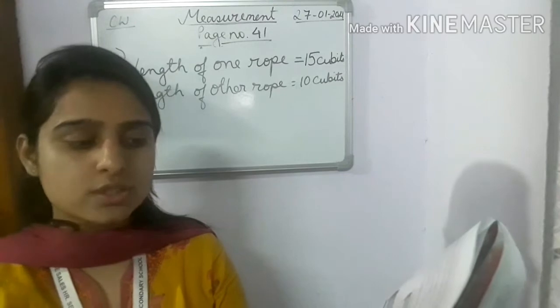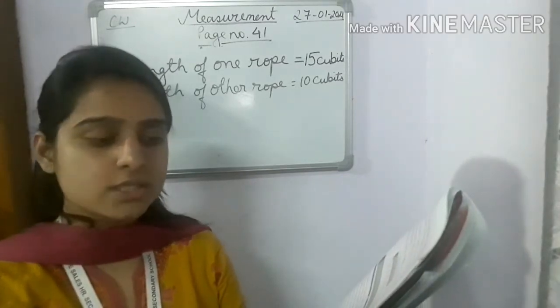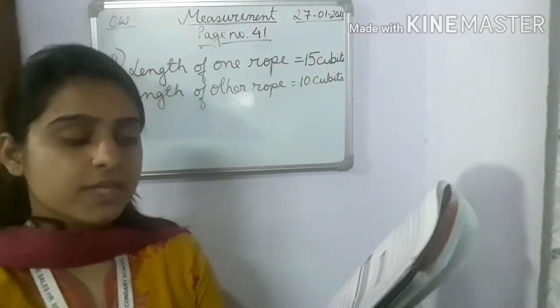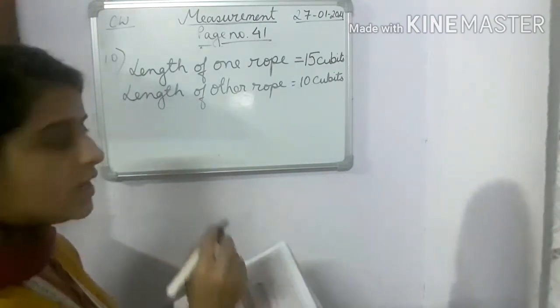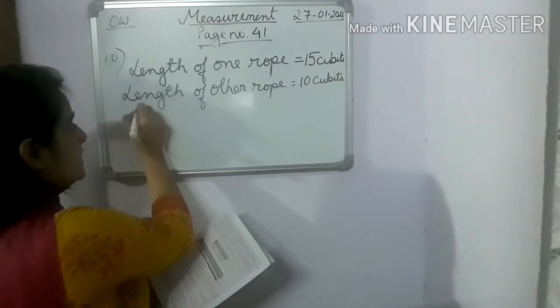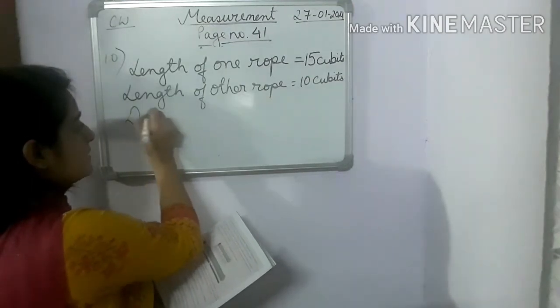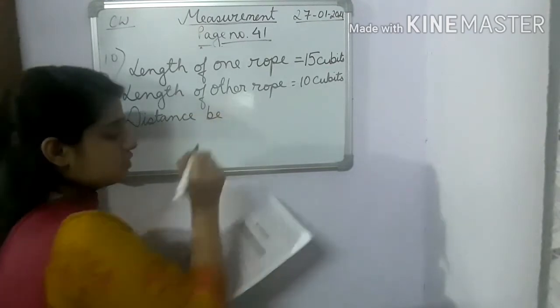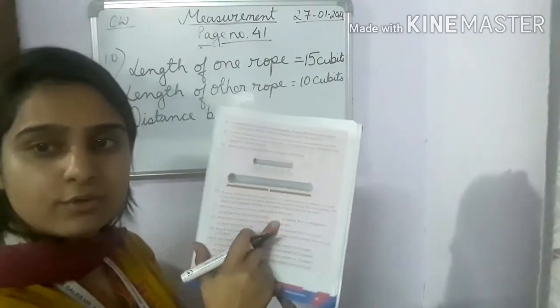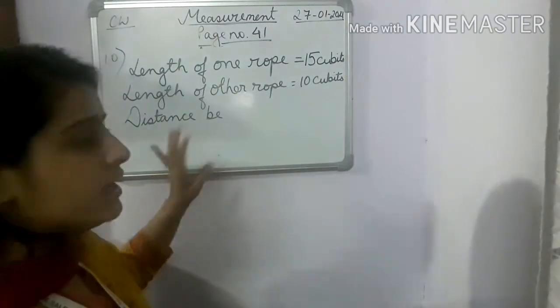He tries to tie a rope between two poles to hang the wet clothes. The distance between the poles is 12 cubits. Now let's write distance. Children, you can see from the book itself, okay? Don't make mistakes while writing the spelling.